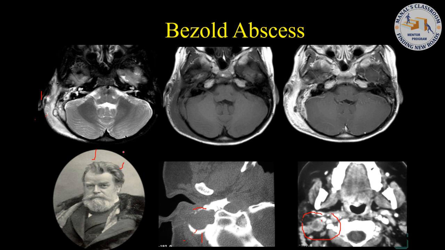So Bezold described this years ago before CT and MR, and on the lower half here, that's the classic appearance to it. But now in 2019, in general, what we say is that we have some type of severe infection involving the mastoid air cell, and it extends laterally into the soft tissues, and here we have diffuse enhancement. This is all phlegmon. We now oftentimes refer to this as a Bezold's abscess.